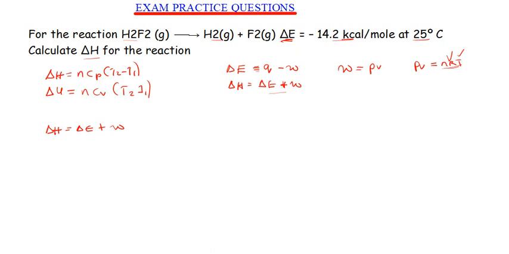This work is just PV, of which it is nRT. So change in enthalpy is given as change in internal energy plus nRT, like that, where there is change in moles for this case.